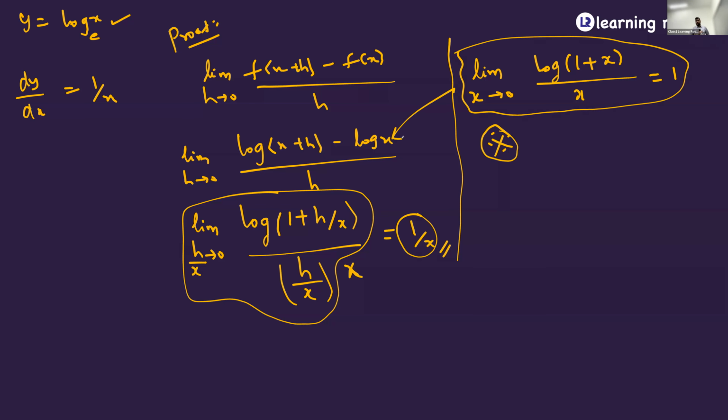Right. The next one. The next thing that we are supposed to know is if y is equal to a power x, then what is the derivative of this? What is dy by dx for this? This is going to be a power x log a.